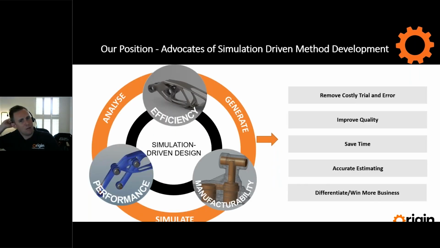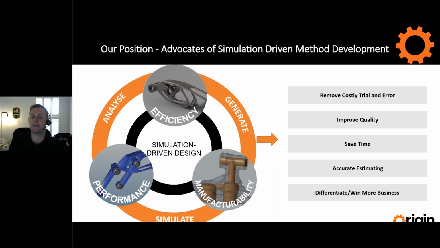That's enough about our company background, but as I said, we do believe that simulation should be incorporated much earlier in the method engineering workflow or the part design workflow. We know that many organizations may do it, but we often question, at what stage are you doing that simulation?